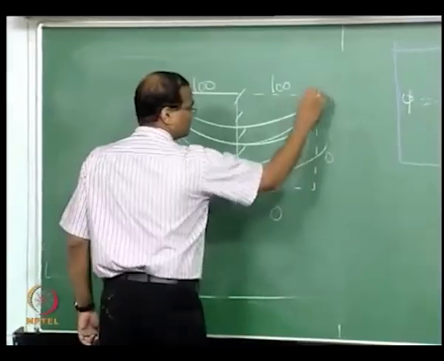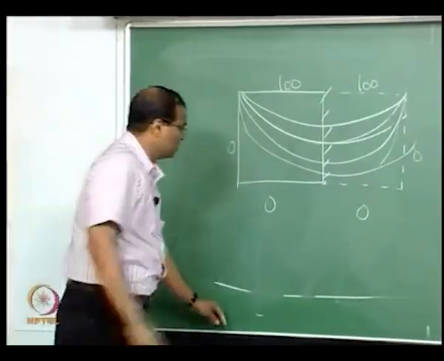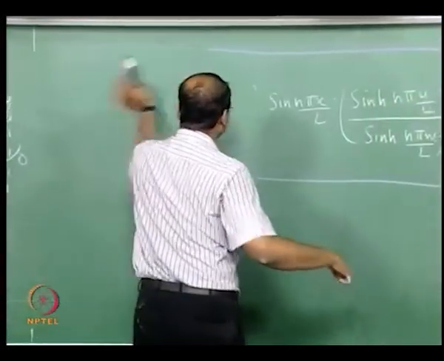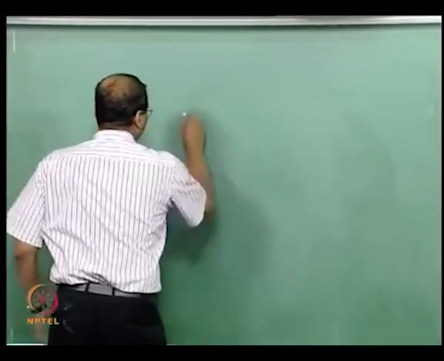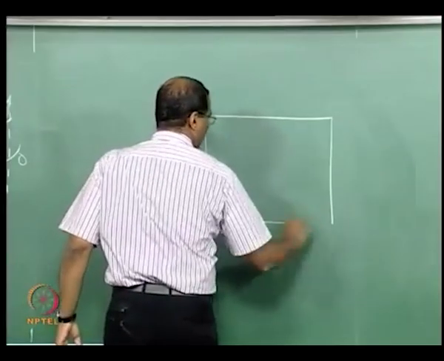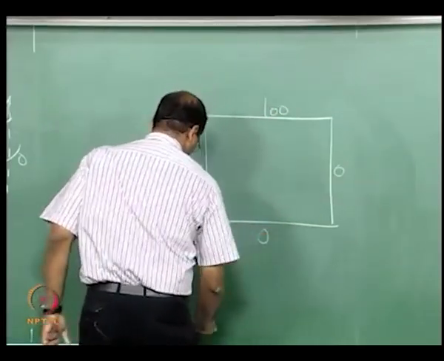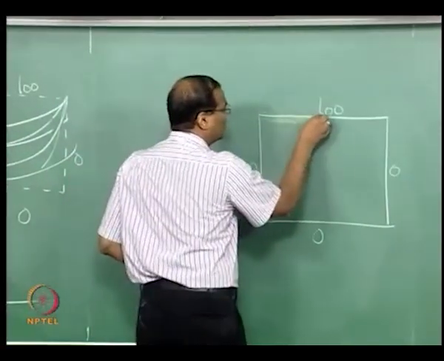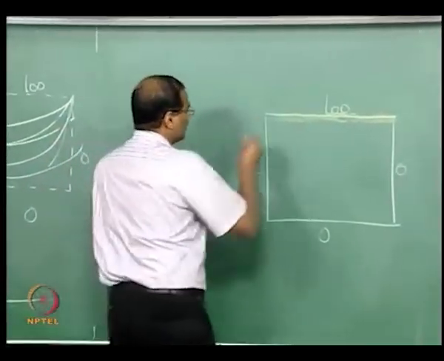Okay, you just increase the geometry, take the mirror image, and so at the end of the day, for this 100-0-0-0 problem, this is the 100 degree isotherm, it will be here only. The 0 degree isotherm is on the 3 walls.